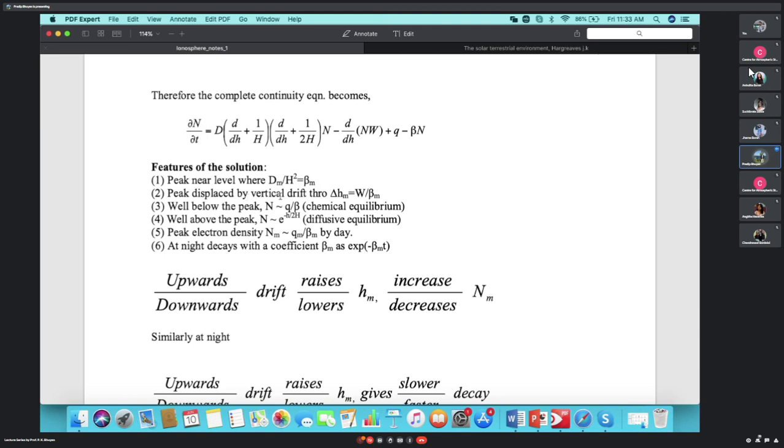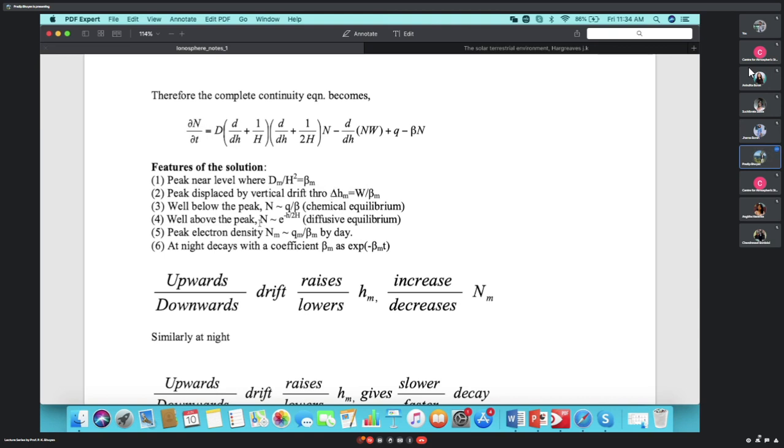The peak is displaced by vertical drift: the vertical drift can change the peak by delta h_m equal to w by beta_m. w is your drift velocity. If w is your drift velocity, then w by beta_m will be the amount by which your F region peak, hmF2, will change.